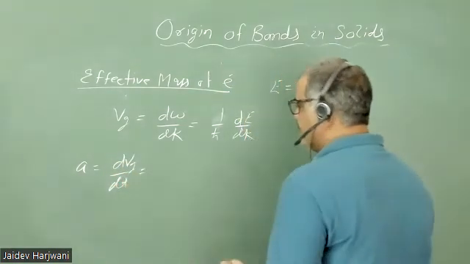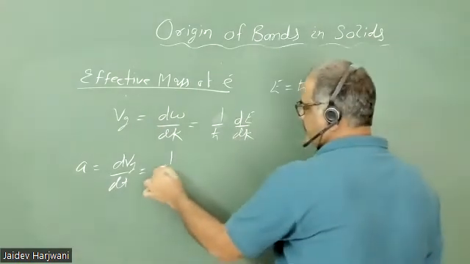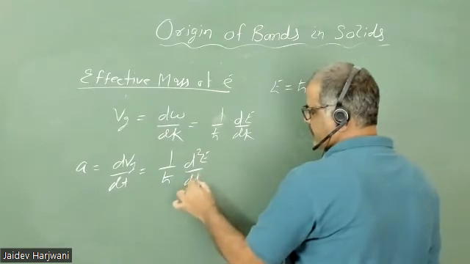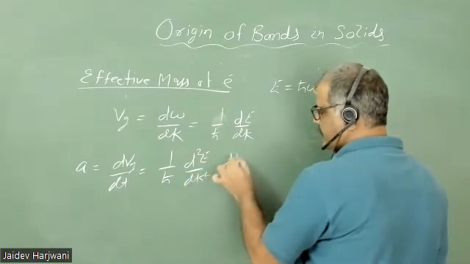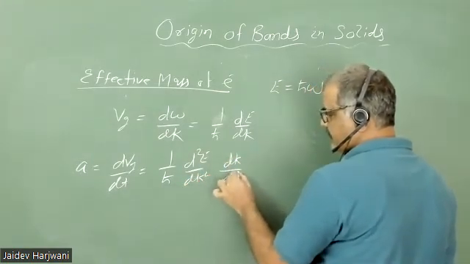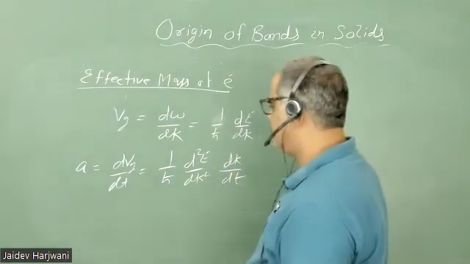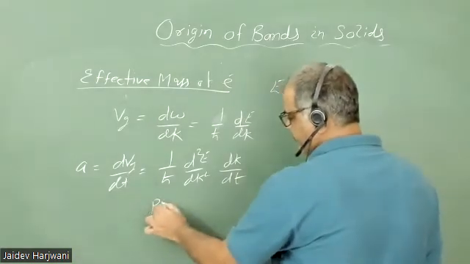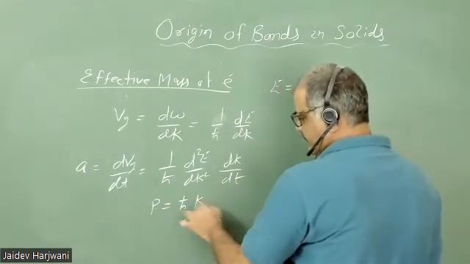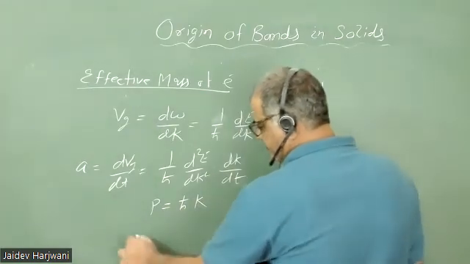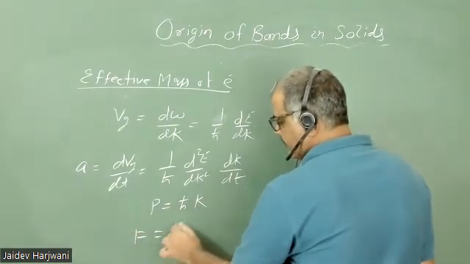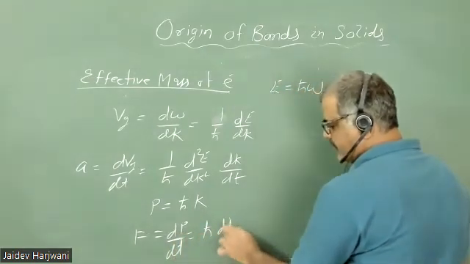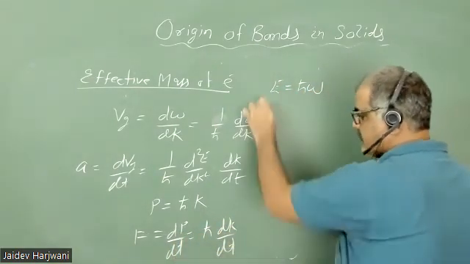If I differentiate this, it will come out as (1/ħ) d²E/dk² times dk/dt. I also know that the momentum of the electron is given by ħk, so the force is dp/dt = ħ dk/dt.